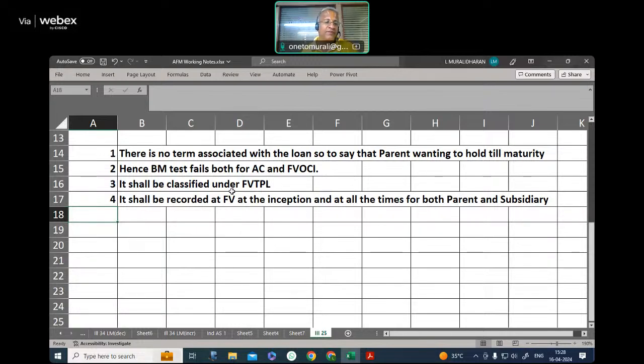It shall be classified under fair value through profit and loss account. It shall be recorded at fair value at the inception and at all times for both parent and subsidiary. There is no term associated with the loan, so to say that the parent wants to hold till maturity does not apply. This is the way that you got to answer the first part of the question.